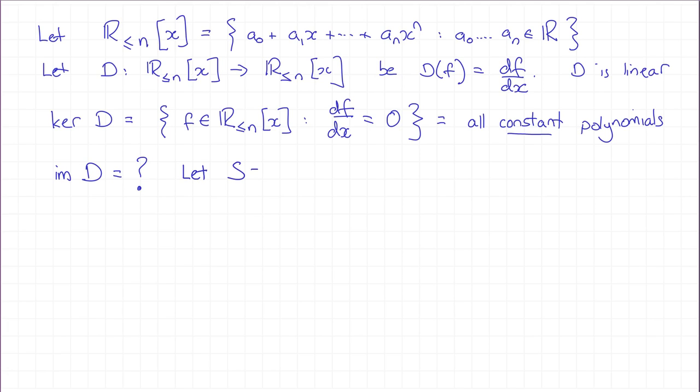So let's give a name to that subset, or subspace in fact. Let S be the set of all polynomials of degree at most n minus 1 in the variable x.